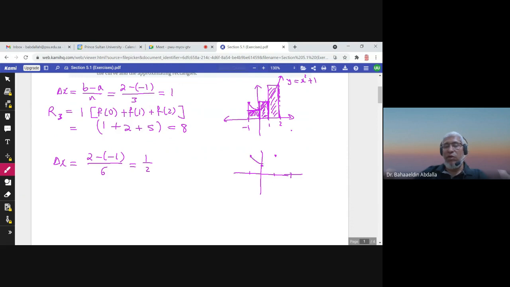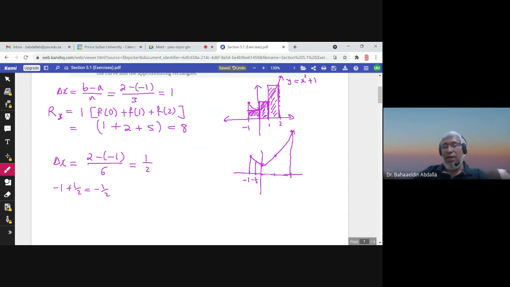So this is the graph again of the parabola. It continues. We have this line and this line, but now the width is half. So I start from negative 1, add half, I get negative half. This is the first strip. And then if you add another half, you get 0.